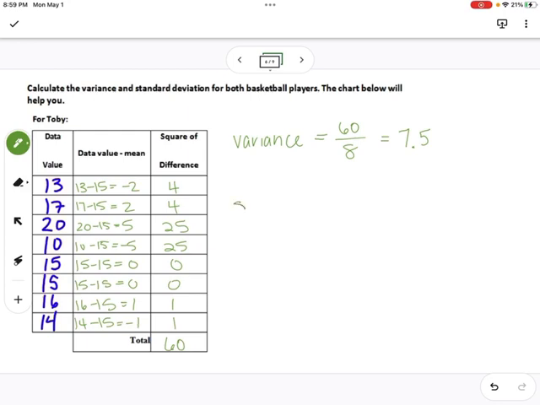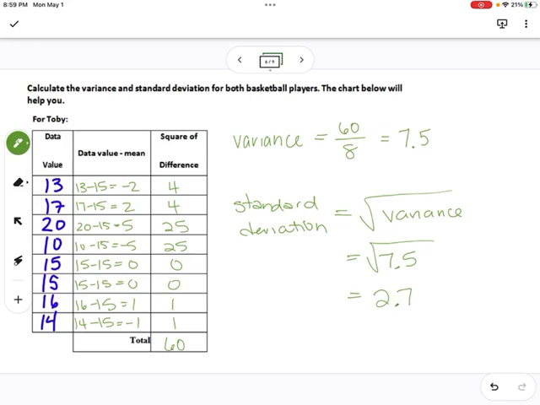And standard deviation, that's taking the square root of the variance. Okay, so the square root of 7.5. So our standard deviation is equal to 2.7.